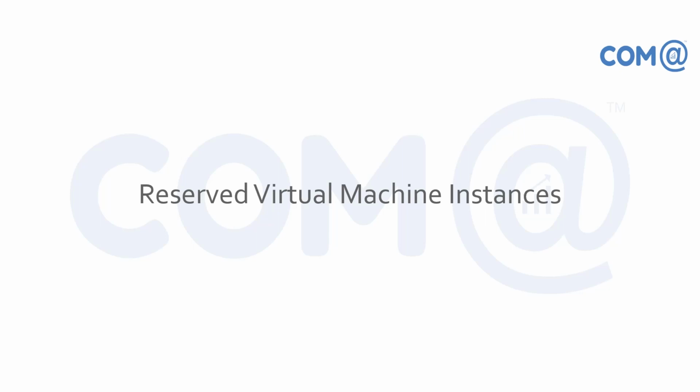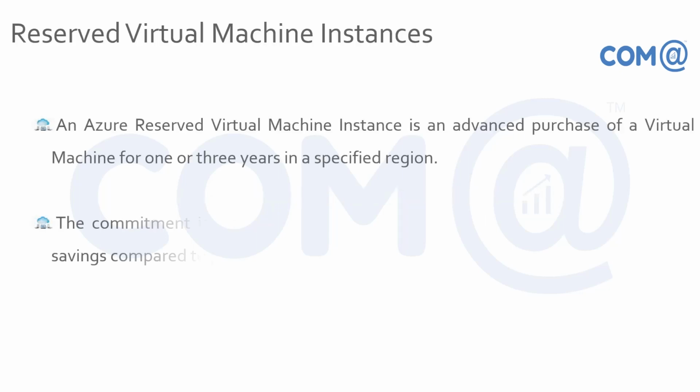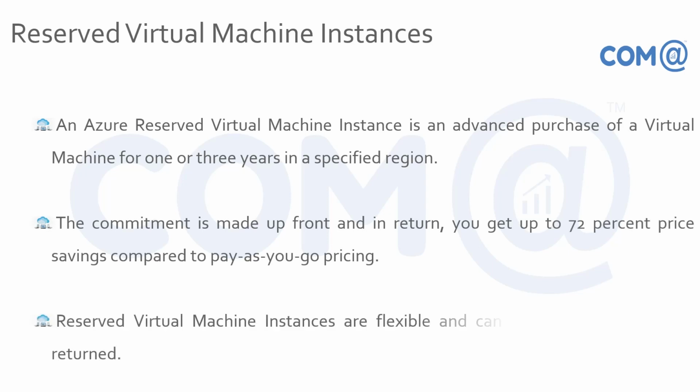And coming to the reserved virtual machines, an Azure Reserved Virtual Machine instance is an advanced purchase option of a virtual machine for 1 or 3 years in a specific region. So the commitment is made upfront, and in return you get up to 72% saving compared to pay as you go pricing.